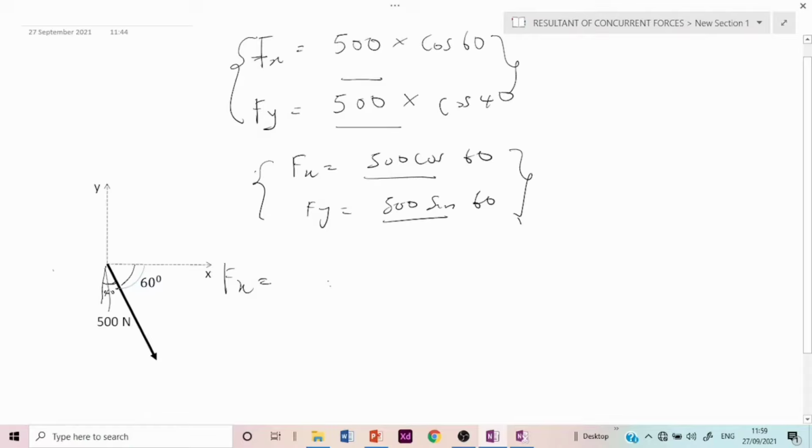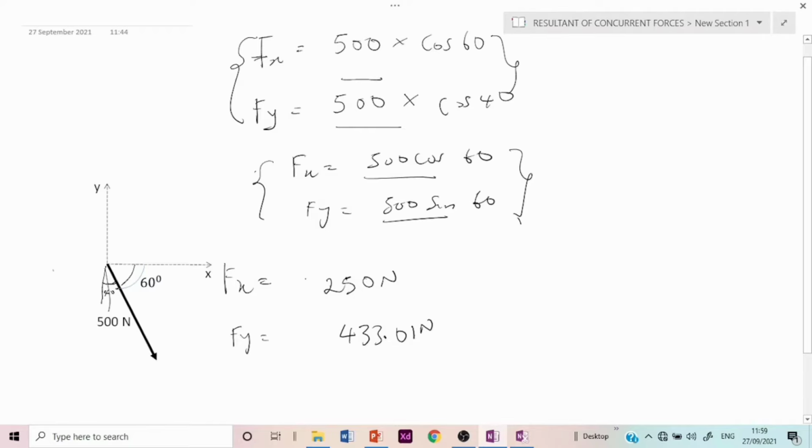And likewise, Fy will be equal to 500 times sine 60, or 500 times cos 30, and that will be equal to 433.01 Newtons.